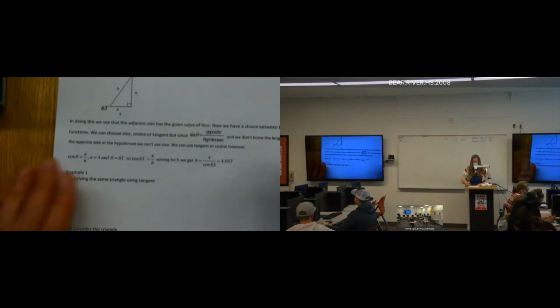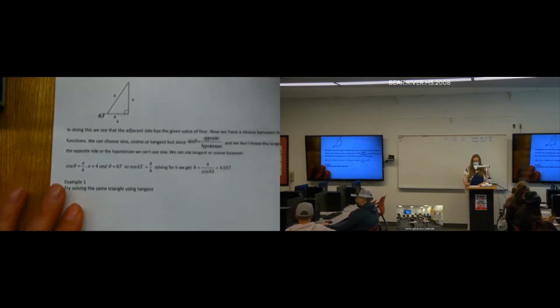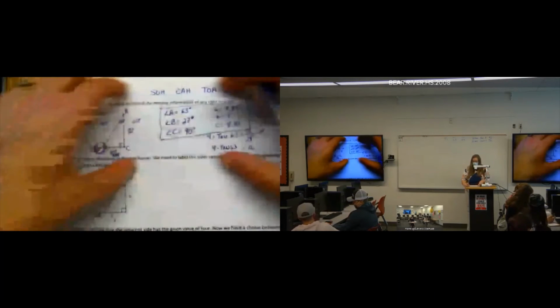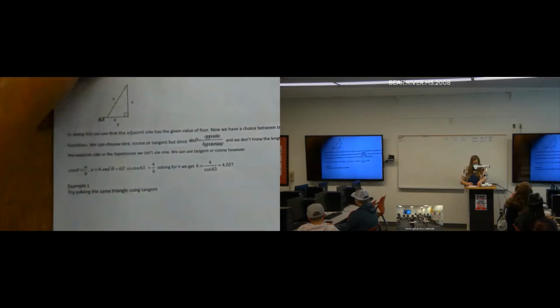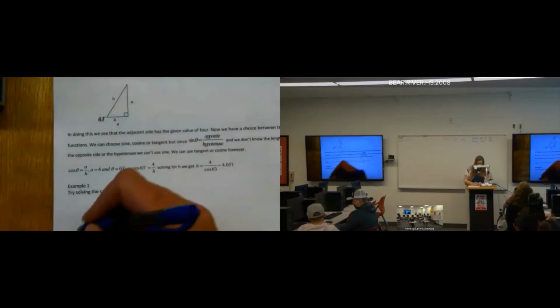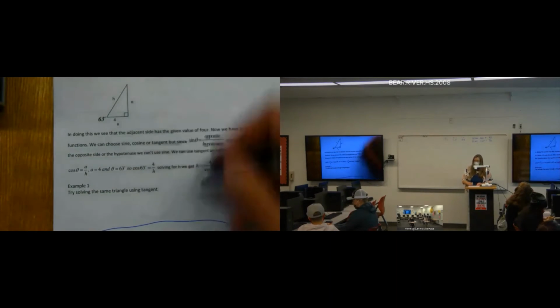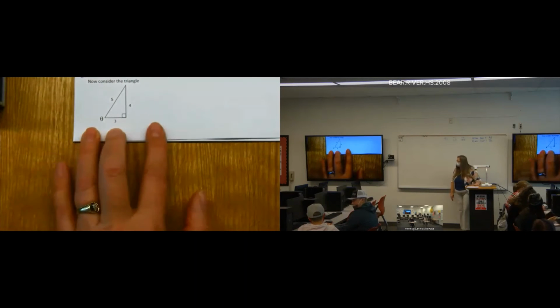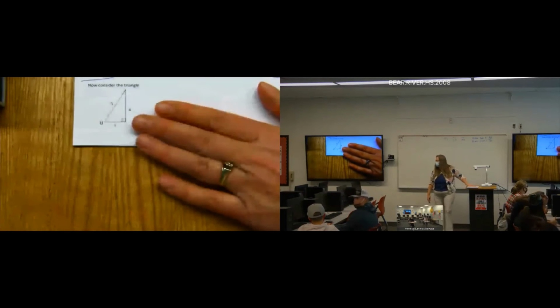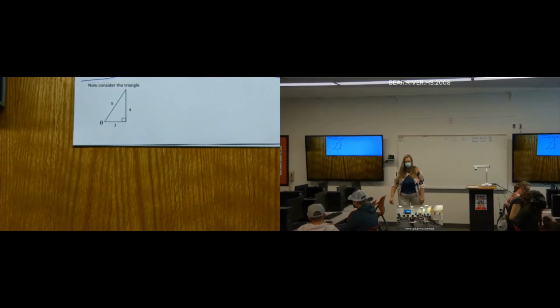Keep going. Okay, so you guys looking at this, we just did this little piece right here, right? They use all of this stuff till right here to do the same problem. So we're going to try this problem right here now. It says, now consider this triangle.